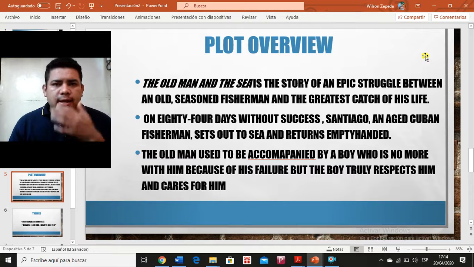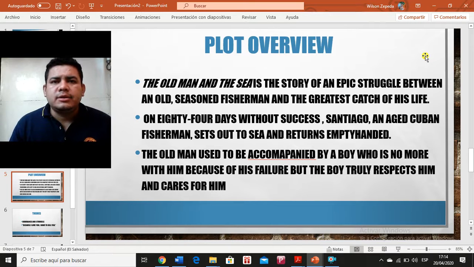But when he got to catch the fish, there were some sharks that made this a little bit more impossible, because the sharks attacked the fish and basically they took the fish right from the old man. At the end, just the old man comes back, right?